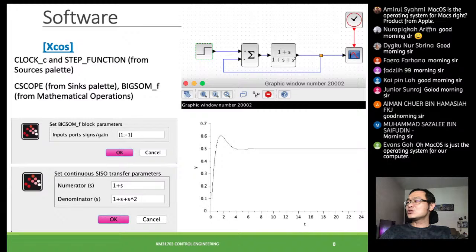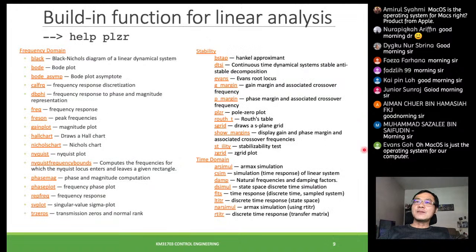For sure you can always look for help. You just shout help in your software, by typing help. Then they will display the help menu. If you know the exact command or function, let's say you want to plot a Bode diagram, or you search the internet and they say you can use these functions to do certain things, what you can do at that time is just type help space your command.